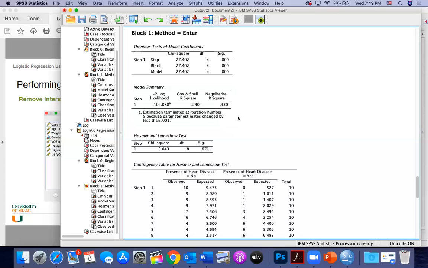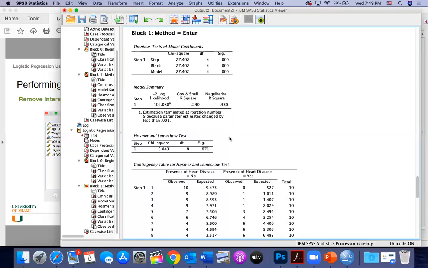Okay, so let's move to the third table, the Hosmer and Lemeshow test. The null hypothesis of the Hosmer-Lemeshow test is that the predictions made by the model fit perfectly with the observed group memberships. It uses a chi-square statistic to compare the observed frequencies with those expected under the model.